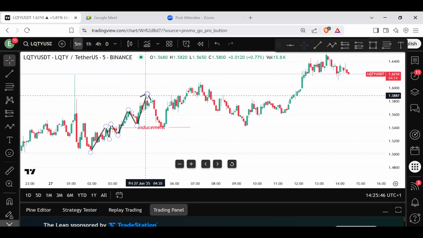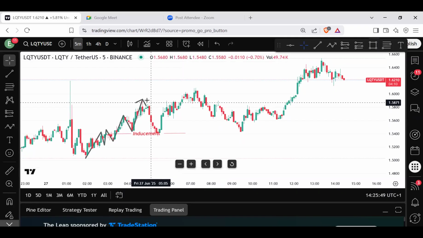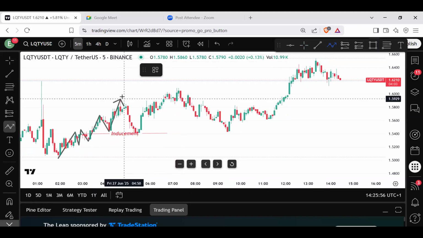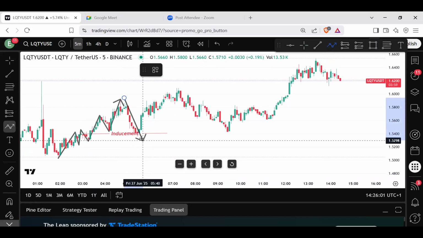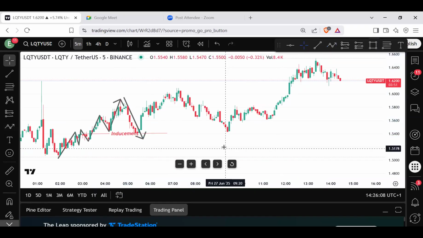So when this move happened, then this is our correction. You can see it's a single leg. It came like a single direction. So that's the correction.